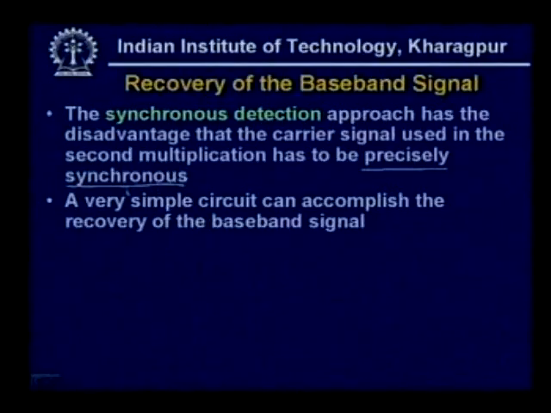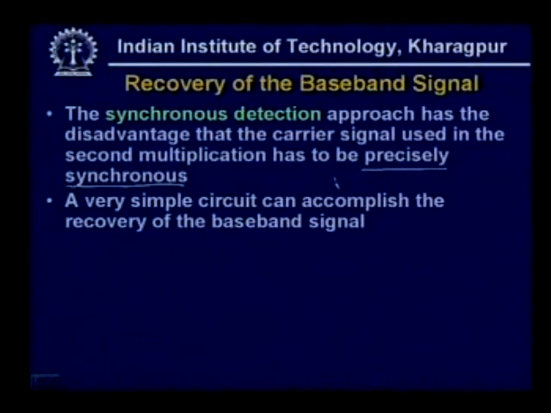Question is, how do you get the synchronous signal? So, you have to use costly hardware to generate the precisely synchronous carrier signal at the receiving end. That is why it is better to have normal double sideband modulated signal.